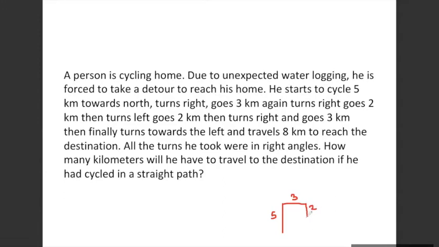After going 2 kilometers to the right, he turns left and goes 2 kilometers. From here, he turns left and again goes 2 kilometers. And then he turns right and goes 3 kilometers.